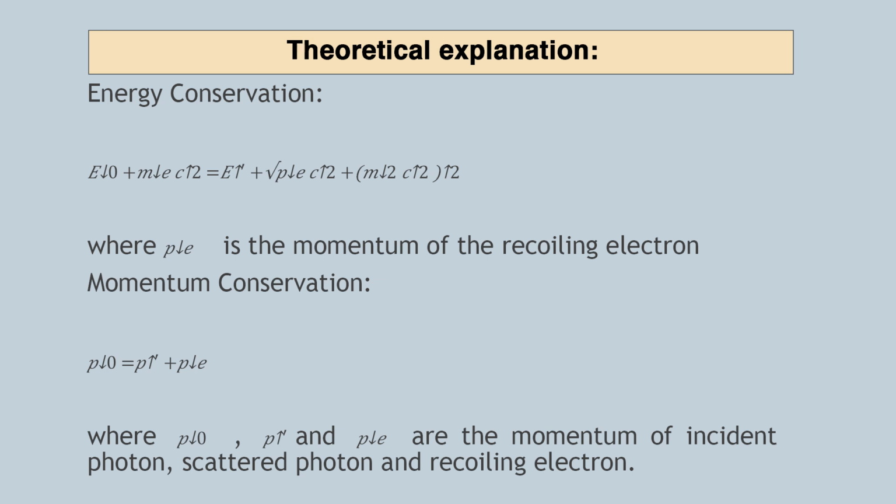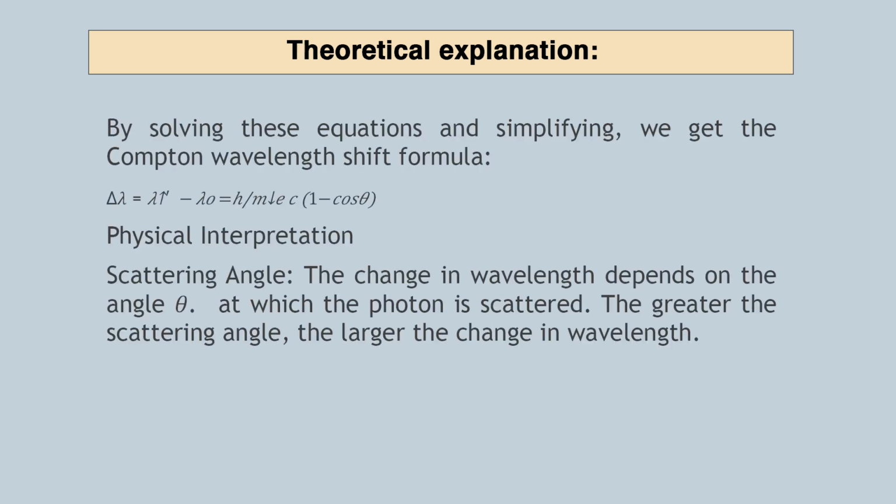The momentum conservation is given by P0 equal to P dash plus p_e, where P0, P dash and p_e are the momentum of incident photon, scattered photon and recoiling electron. By solving these equations and simplifying, we get the Compton wavelength shift formula: delta lambda is equal to lambda dash minus lambda naught equal to h over m_e c, times (1 minus cos theta).